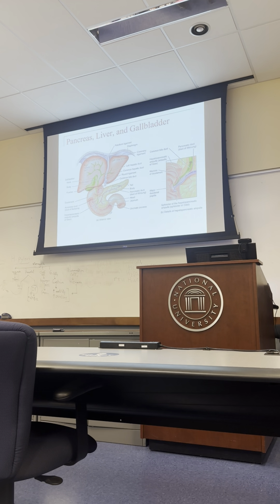The first Y is made by the right hepatic and left hepatic ducts. They merge and make the common hepatic, which is the stem of the Y. Then the common hepatic merges with the cystic duct that comes from the gallbladder and makes the common bile duct, which continues and opens at the same place as the pancreatic duct, where we have a sphincter surrounding it.